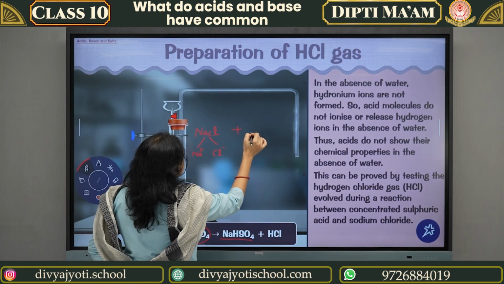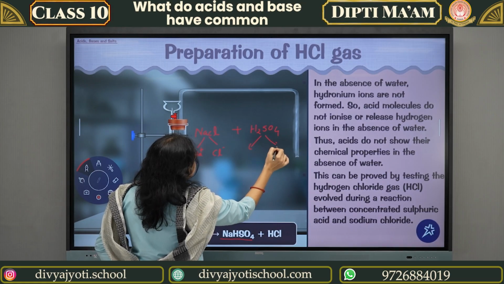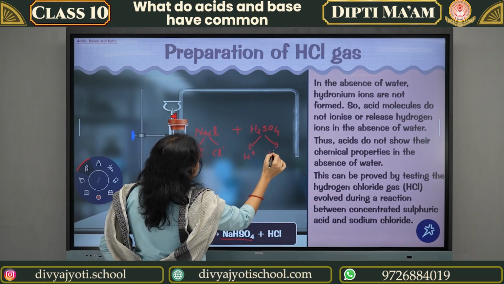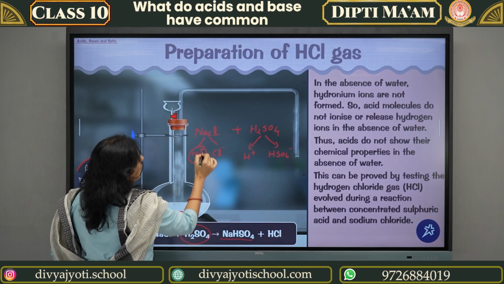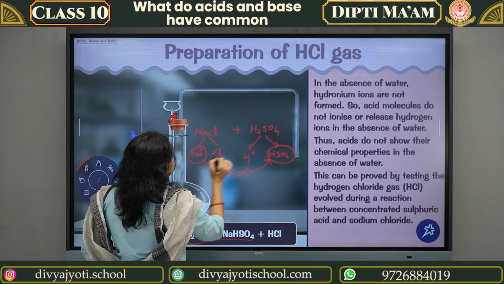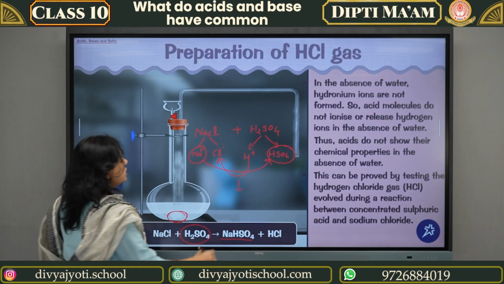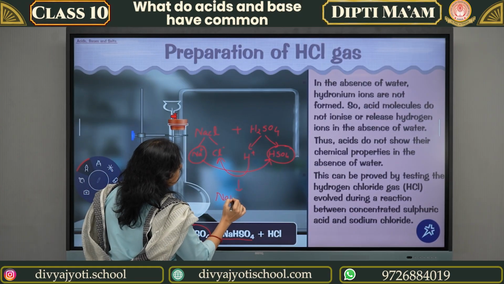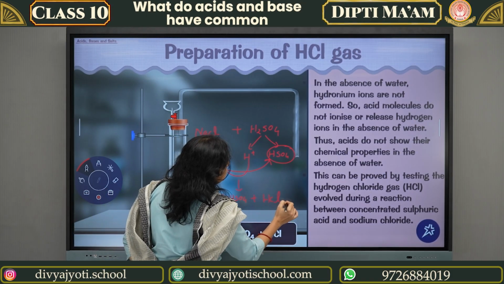Now it reacts with the H2SO4, which splits into H plus and HSO4 minus. Now the cation reacts with this anion, and this cation reacts with this anion. So by observation, the products are NaHSO4 and HCl gas is produced.